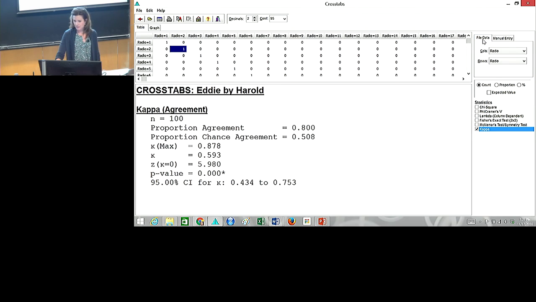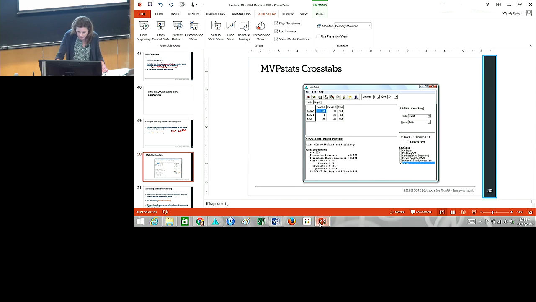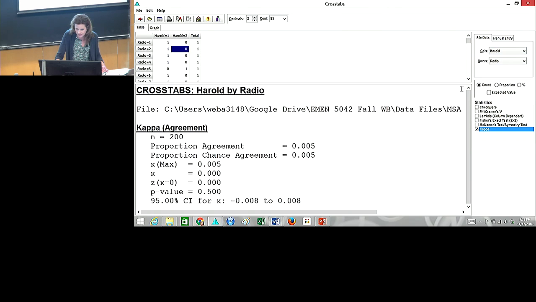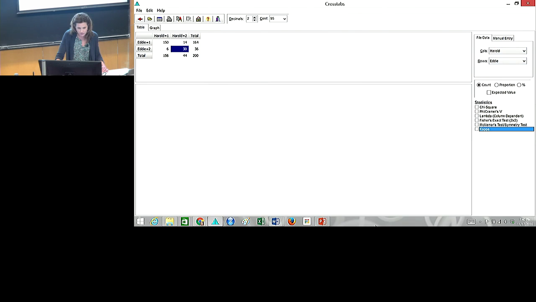First thing to do is click on File Data. And for my column, let's see what I'm going to pick. My column is going to be Harold. So click on Harold. Just push continue, yes. And then my rows are going to be Eddie. Do you get something like this?